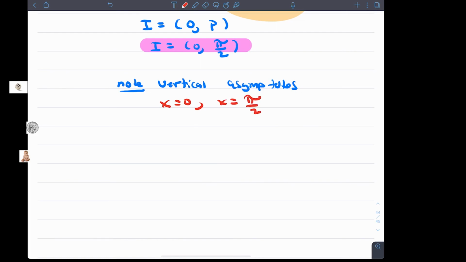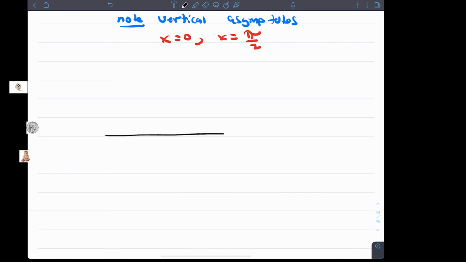So those of you guys that are taking that course again, and even if you're not, you study it here as well. You go, oh, those are the lines that we never what? Cross. So here's what we have. These vertical lines.